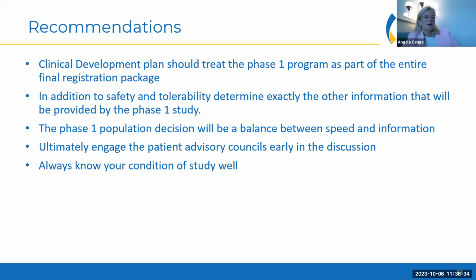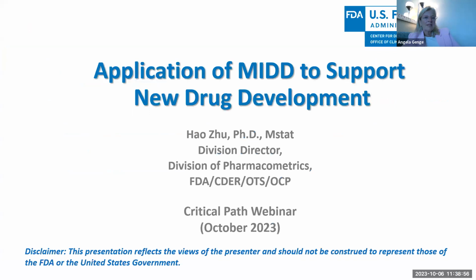The balance is between information and speed, and ultimately the patient advisory councils, particularly in some of these diseases, are quite knowledgeable and can give you some very specific guidelines as to which direction they feel you should take. Next slide, please. Thank you very much.